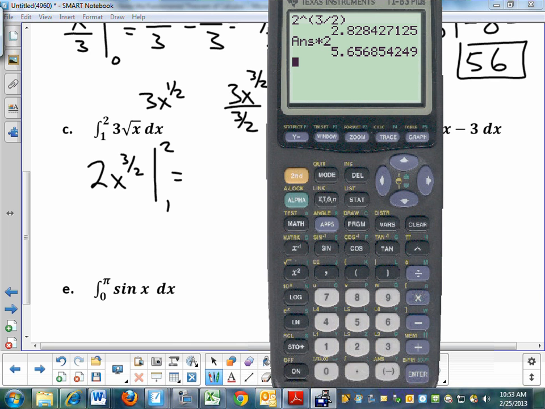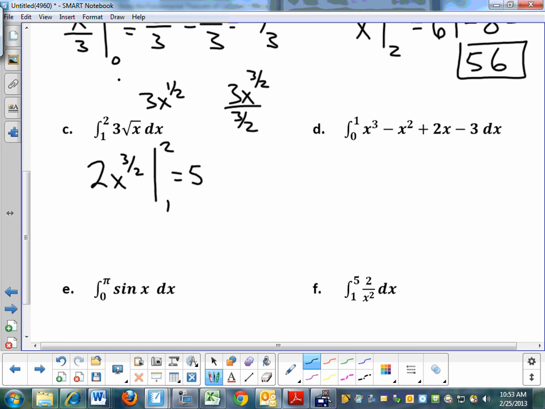And I get 5.66. So 5.66 minus, now we'll plug in 1. 1 to the 3 halves is 1 times 2 is 2. 3.66. That's it.